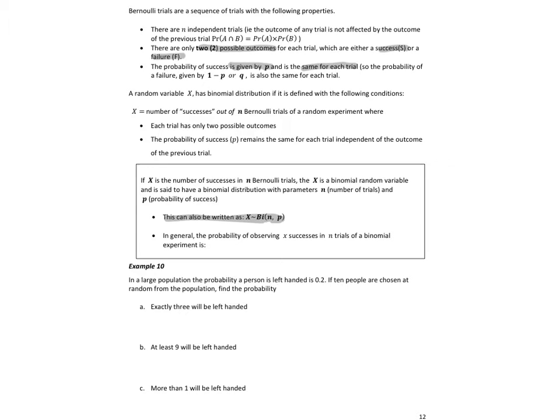So the rule for our binomial distribution, the probability that our distribution is equal to some value x is given by the number of trials n with the number of successes x, nCx, so n trials with x successes, p to the power of x successes, and then 1 minus p to the power of n minus x failures.